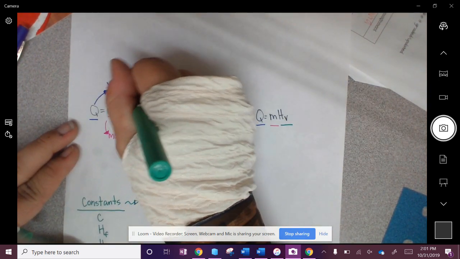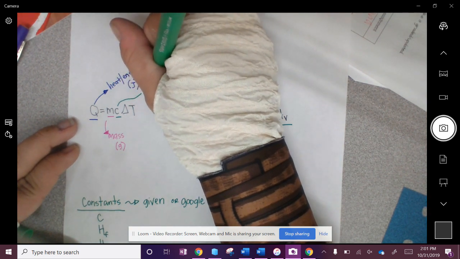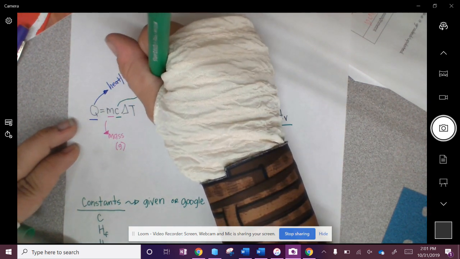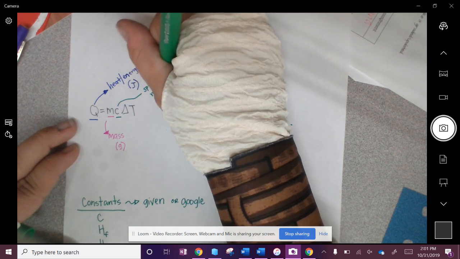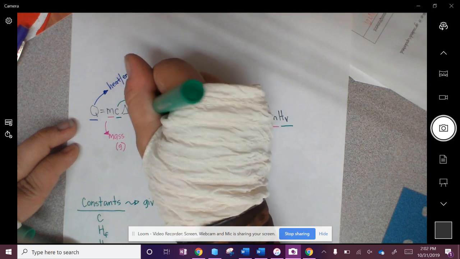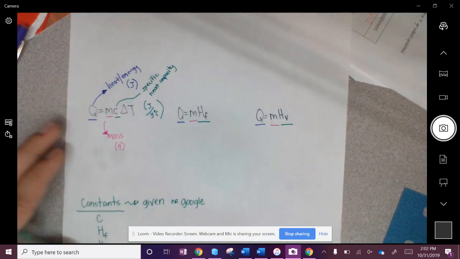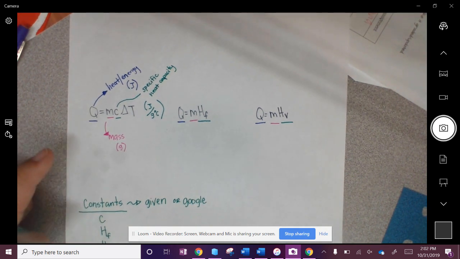So C stands for specific heat capacity. And the units are joules per gram degree Celsius. Sorry about that. So joules per gram degree Celsius.